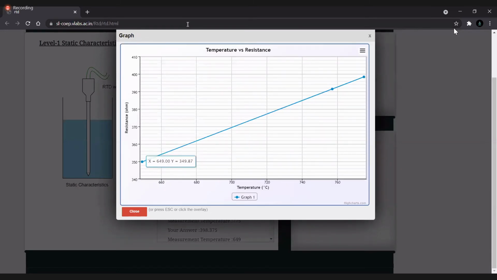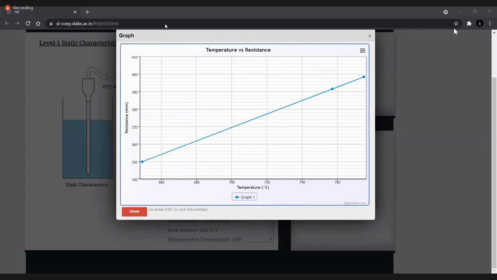What is the y-axis? What is the x-axis on your graph? X is temperature and Y is resistance, sir.